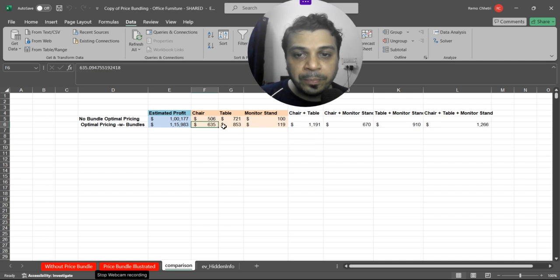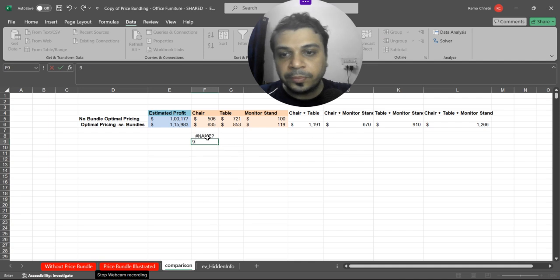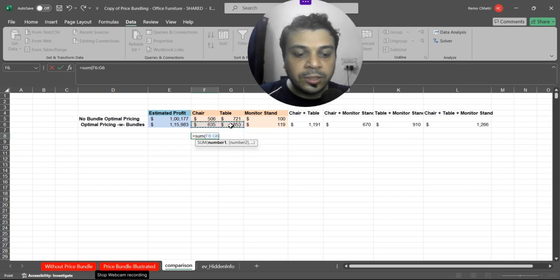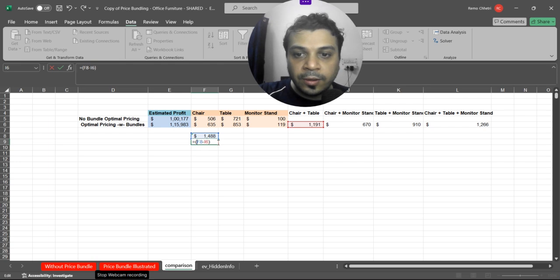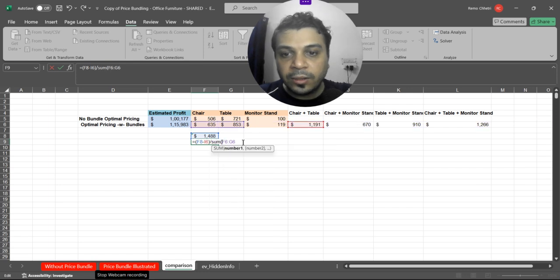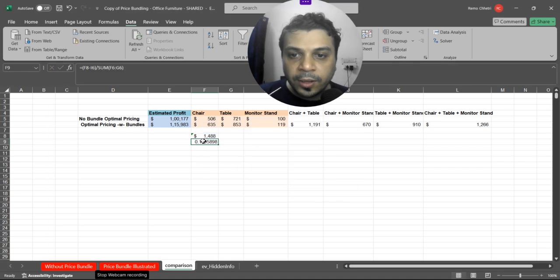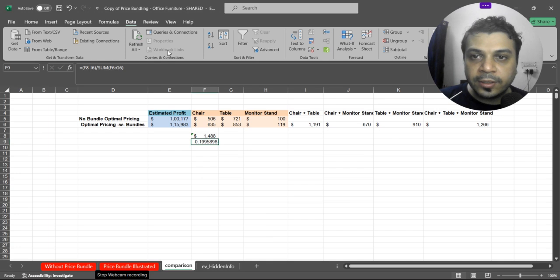You can take the sum of these two, and then you can take the difference, and then you can divide it by this to get the discount. So there you go. That's essentially the discount that's there. It's around 20%.